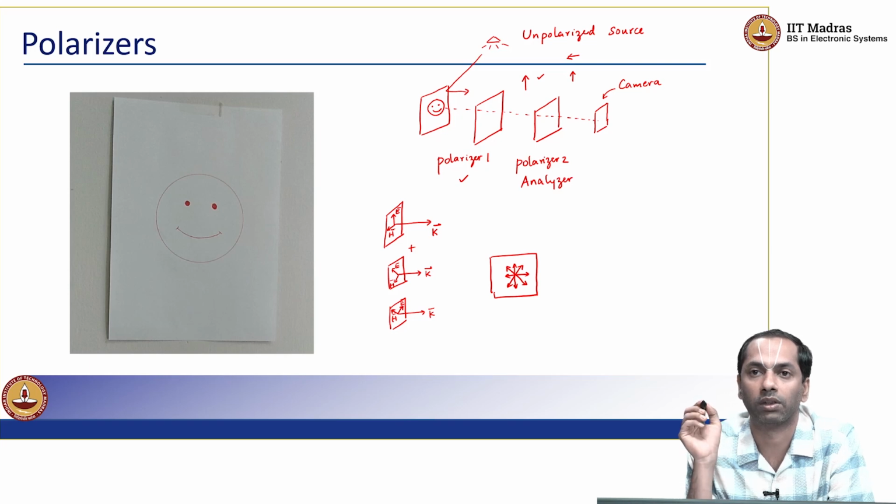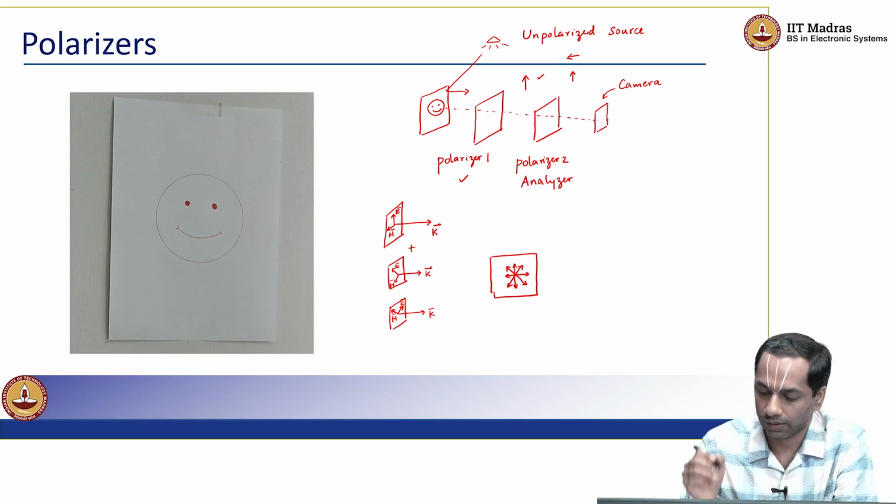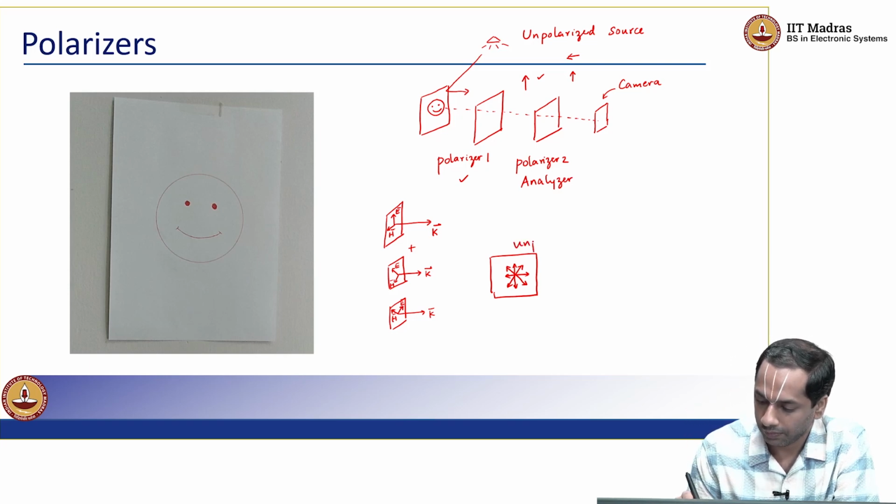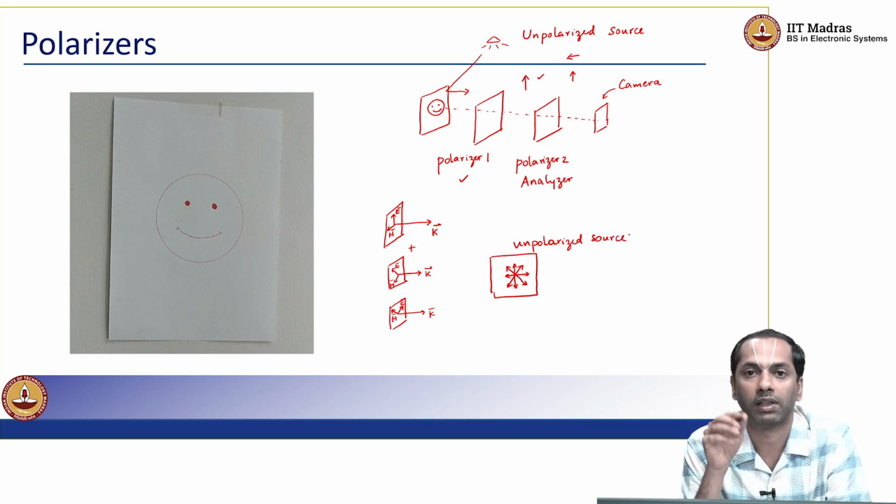I have only shown a select few here, but an unpolarized source is one where we have electric fields oscillating at any point on a plane perpendicular to the direction of propagation in all sorts of random directions, and there is no particular direction that is favored. So, this is what we call an unpolarized source.